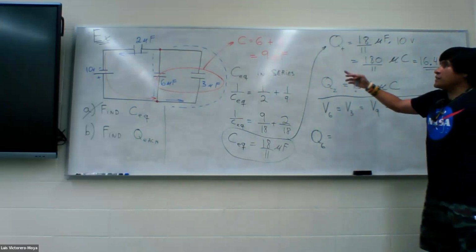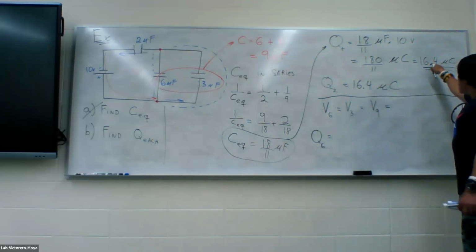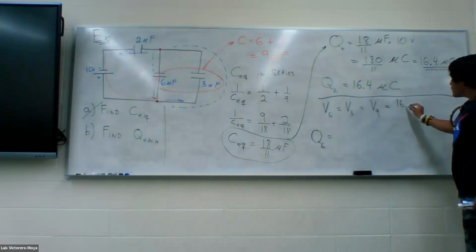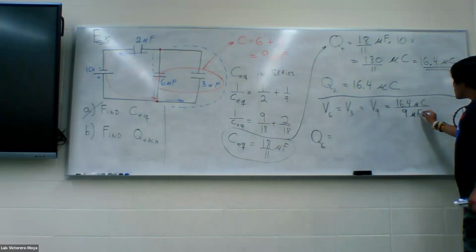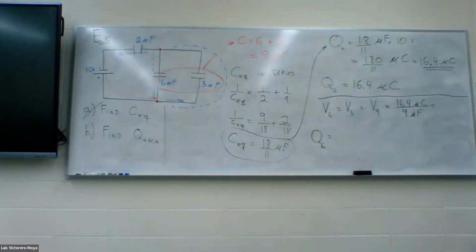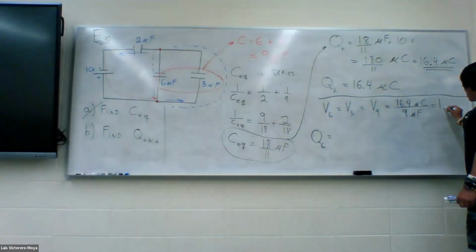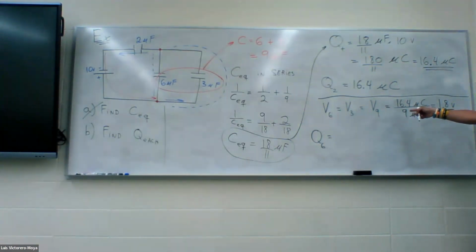Since these two are in series, the charge on 9 is this. Q divided by C. And that's approximately not 2, it's 1.5, I believe. 1.8. 1.8 volts. So that's the voltage on 9.